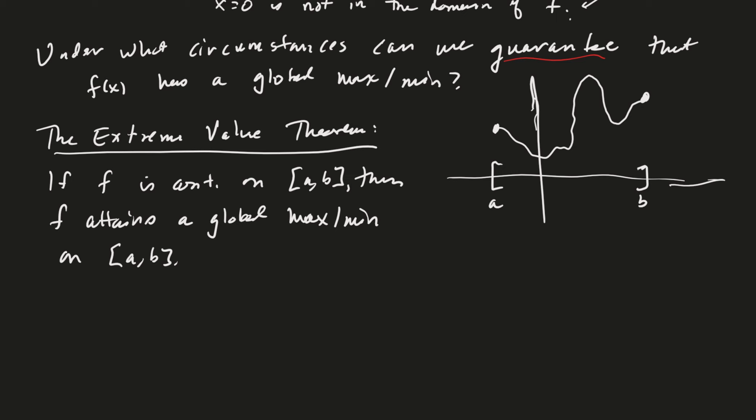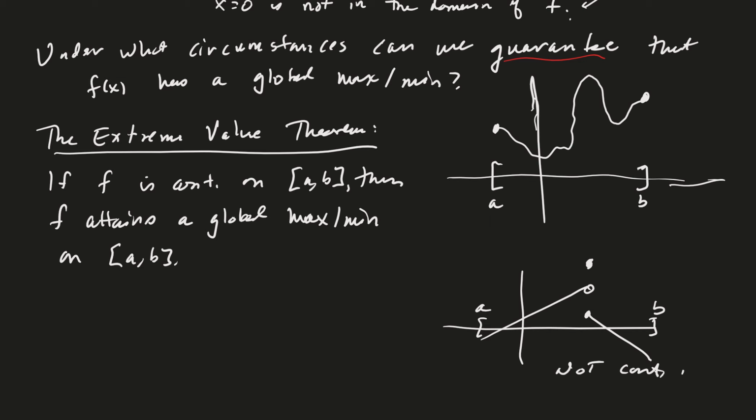Notice that f doesn't necessarily have to be continuous in order to have a global max or min. For example, I may have a function that's like this. I guess I could put a point here. This is my interval from a to b. Notice that this function is not continuous, but it does have a global max at x equals c.